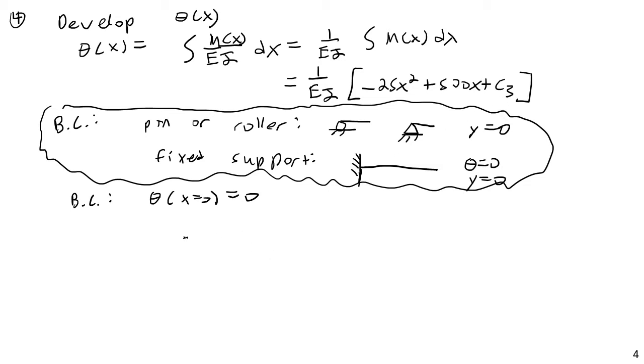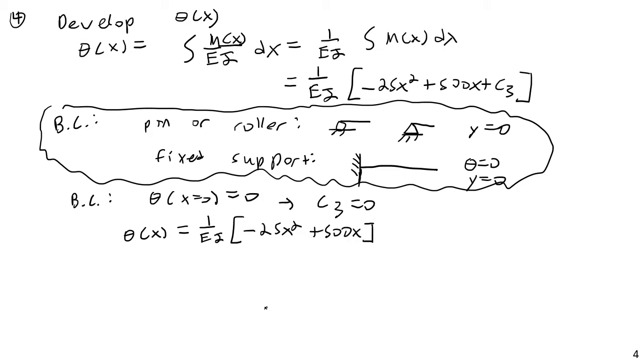So if I plug that in, I can clearly see that C3 is equal to 0, so therefore theta as a function of x is equal to 1 over EI times negative 25x squared plus 500x.